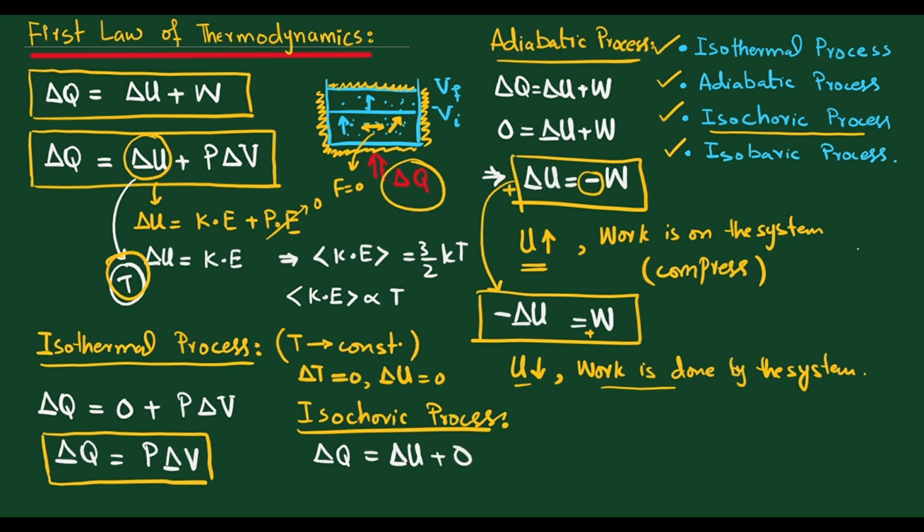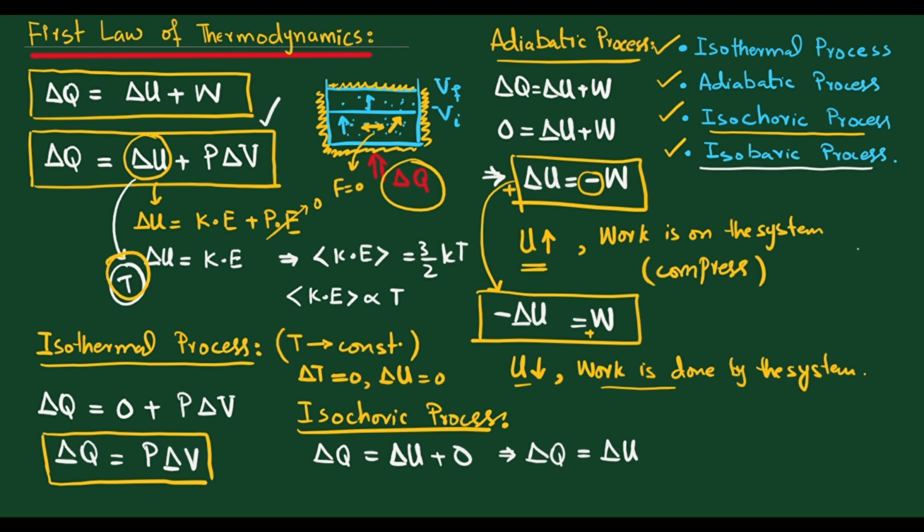That's why delta Q is equal to the change in internal energy; all the heat entering the system goes into internal energy. For the isobaric process, the pressure is constant, and our equation will be like this: delta Q is equal to delta U plus P delta V.